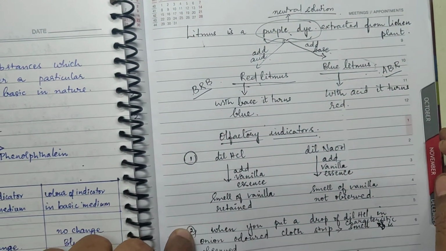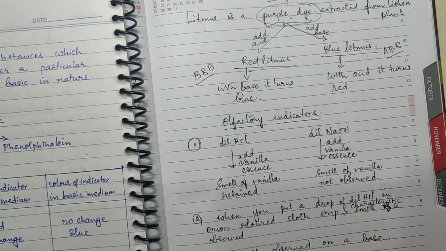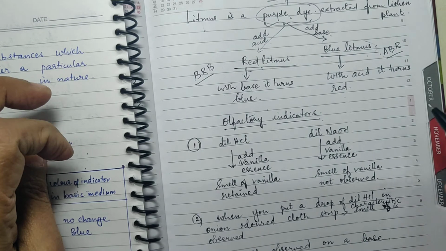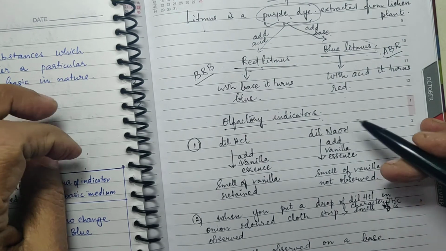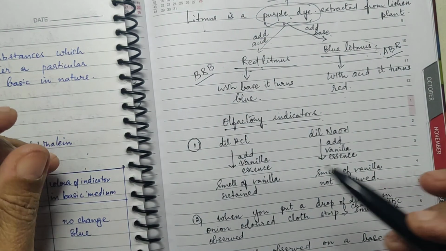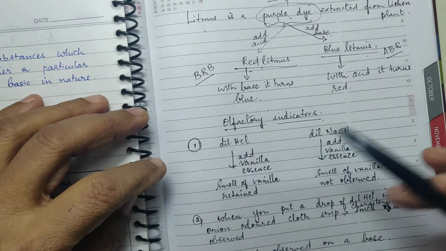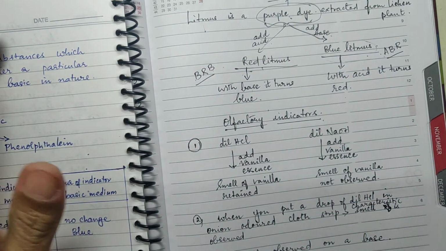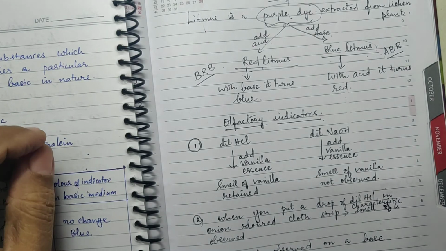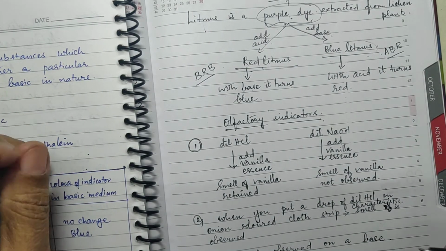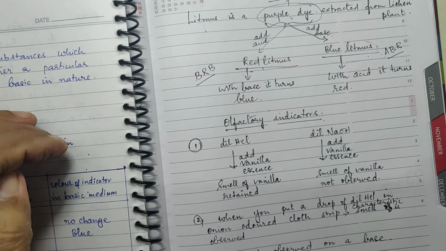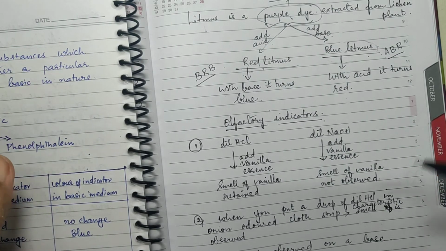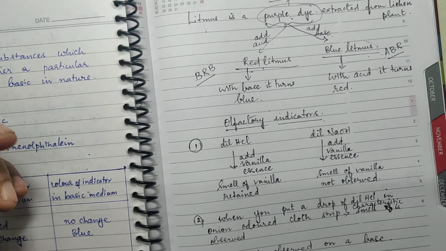Now, apart from this, you have certain other natural indicators called olfactory indicators, which are in terms of smell. You must have heard about vanilla essence. Your mummy must be using vanilla essence at home to make cakes or something else.